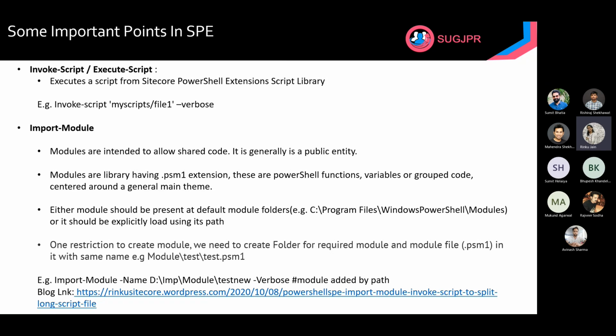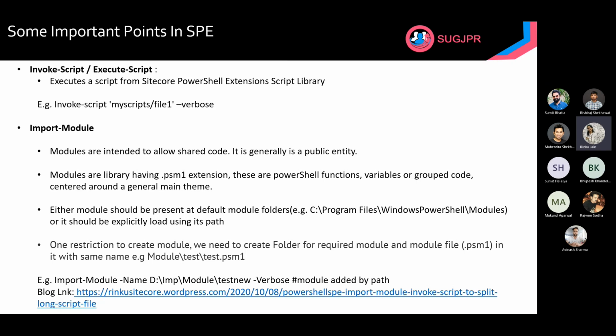So for that we can create modules, and they have a .psm1 extension. These can reside in your module folder. By default, we have Program Files, Windows PowerShell, Modules. You can create your modules over there, or you can create your modules in your own separate directory.